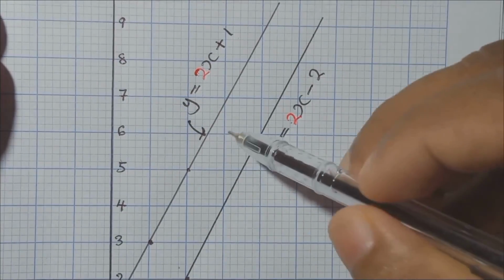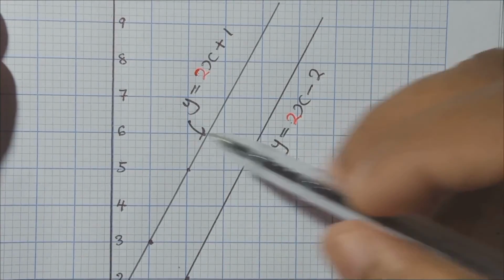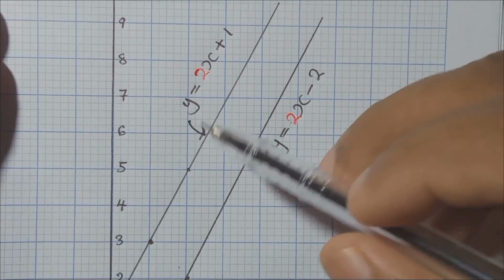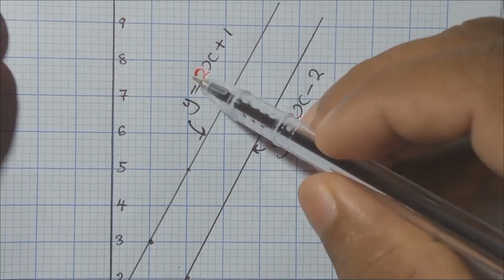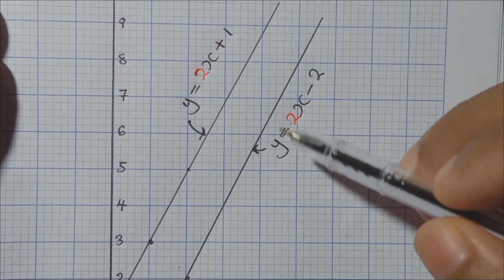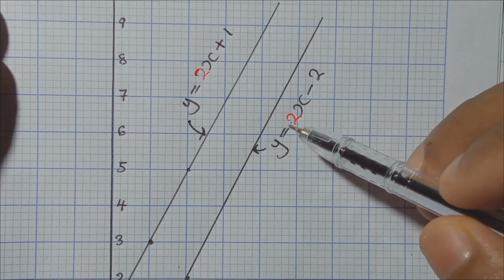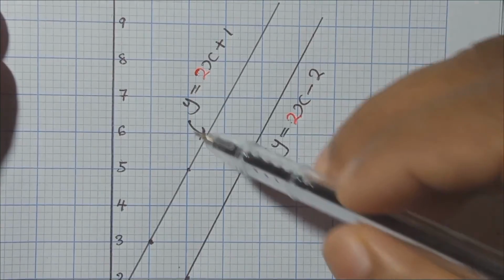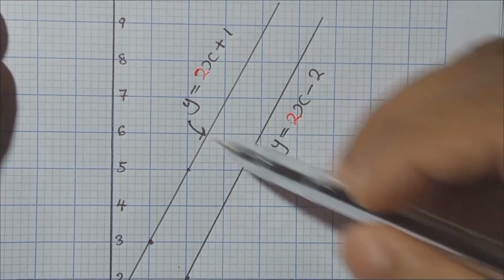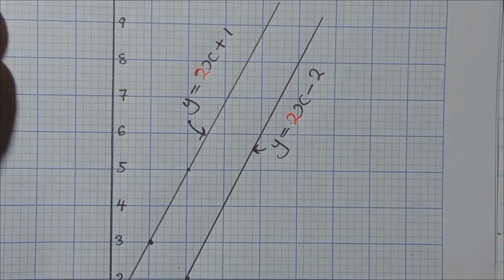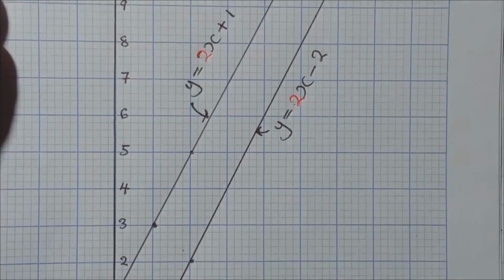When you have graphs parallel to each other, all of them must have the same gradient, right? Now this one has 2, this one has plus 2. Here consider the sign also, it's very important. This is plus 2, this also plus 2, right? Then these two have the same gradient, that means these two are parallel. Keep in mind, that's a very important thing again regarding graphs.